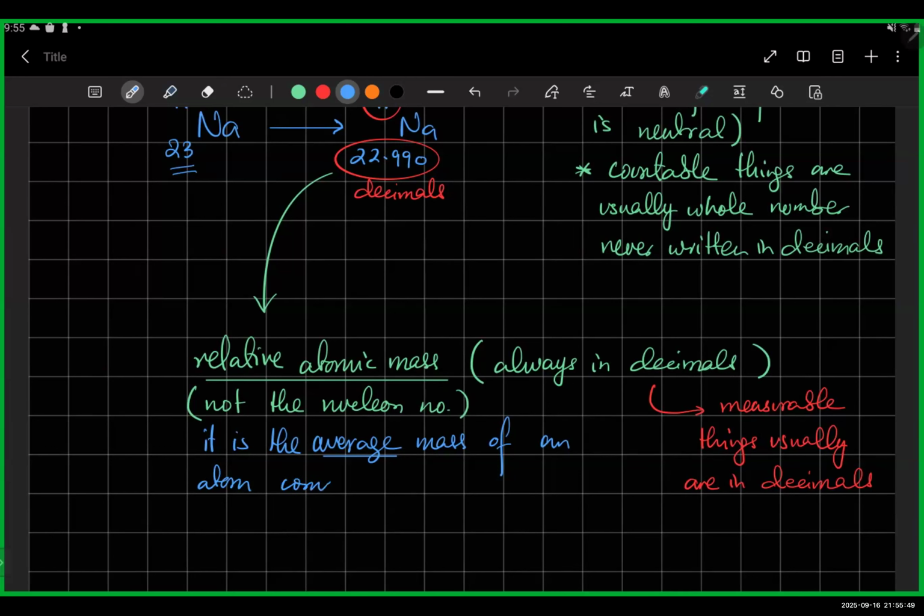compared to what? Compared to the atomic mass unit, compared to 1/12 the mass of a carbon 12 isotope.